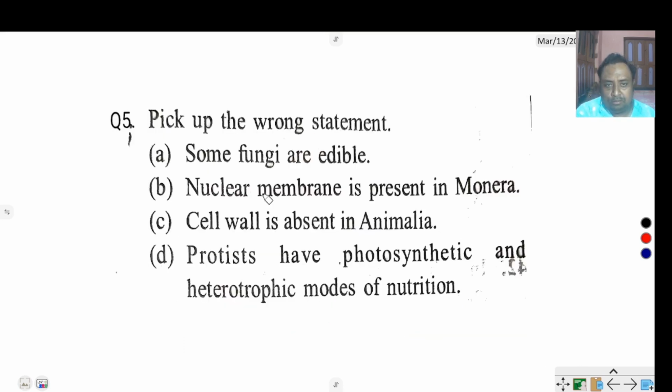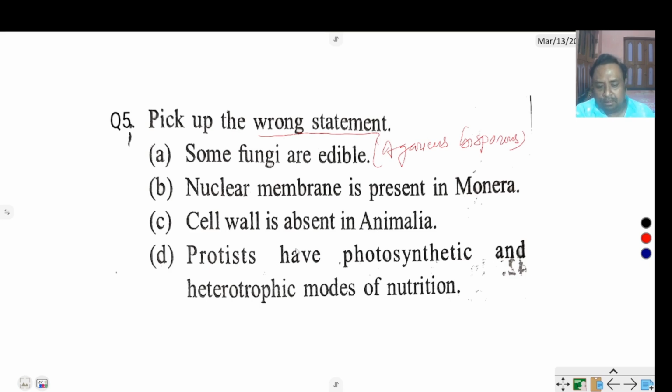Pick up the wrong statement. Which option is wrong? Some fungi are edible, like Agaricus bisporus is an edible fungus. Nuclear membrane is present in Monera. Cell wall is absent in Euglenoids.